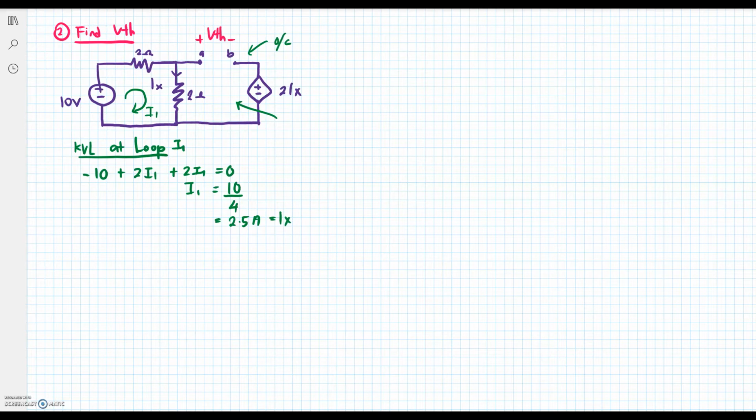For KVL for finding the current, all the elements must be connected. It looks like this one. This is KVL for finding I. Okay, you can see that all is connected.